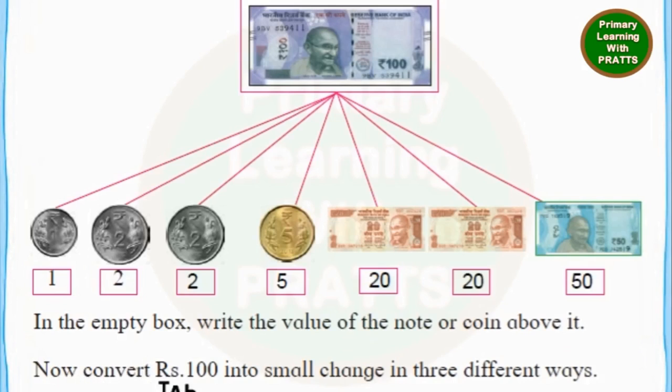Now convert rupees 100 into small change in 3 different ways. So let's see what 3 different ways we can use to break down the denomination of rupees 100. How different notes can be used to give a total of rupees 100. Smaller denomination notes. Let's see.